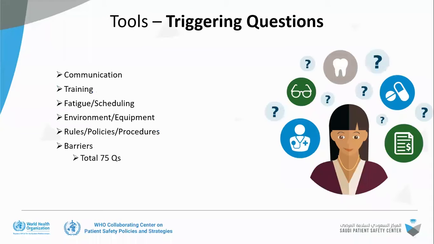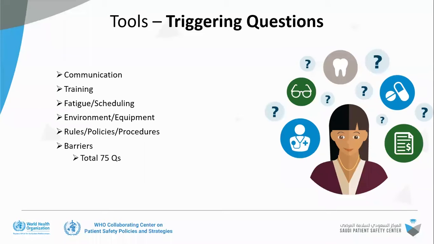This is one of the tools that can be used during the staff and patient interviews. This is the triggering questions tool. It consists of 75 questions. During the first meeting, the RCA team should decide from these questions what is really relevant to the event being investigated.